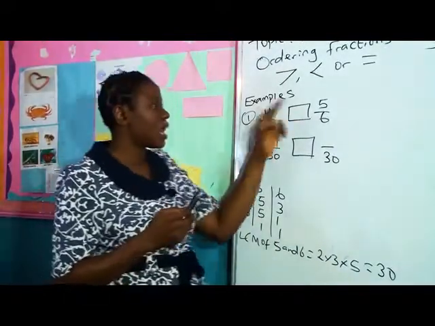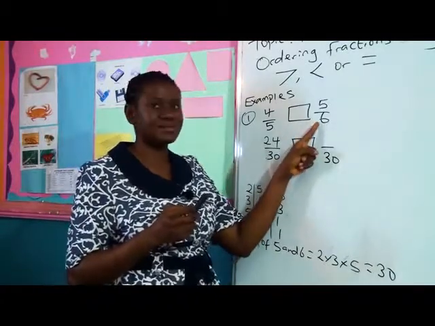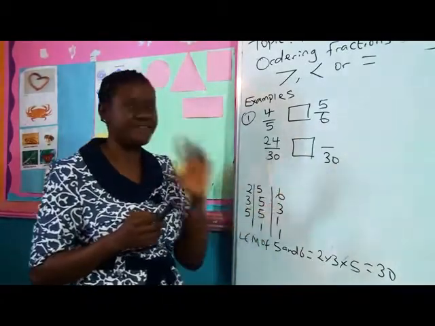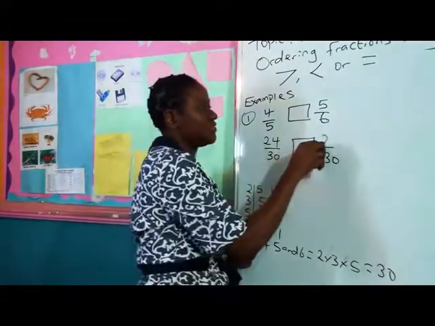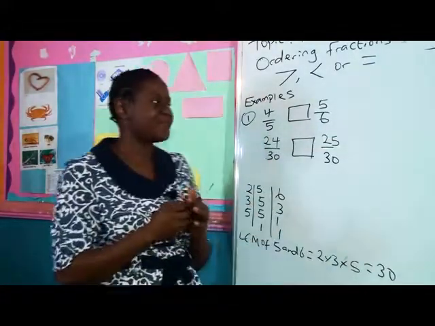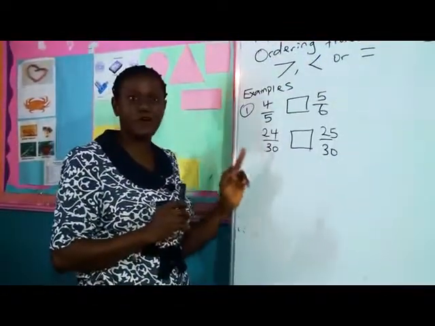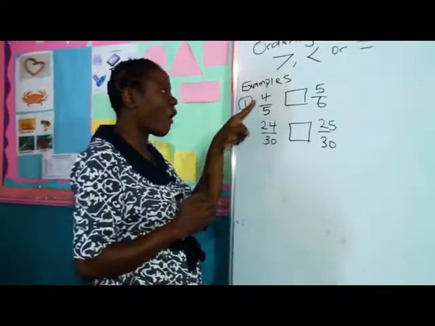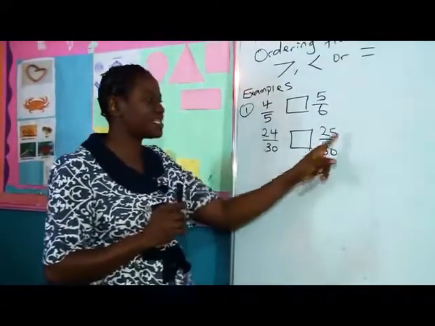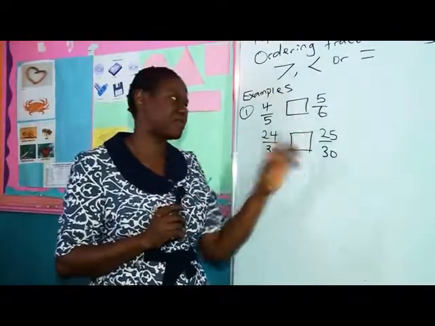How many 6 can we find in 30? 5. 5 times 5 is 25. What I have just done is make equivalent fractions, because 24 over 30 is the same thing as 4 over 5, and 25 over 30 is the same thing as 5 over 6.